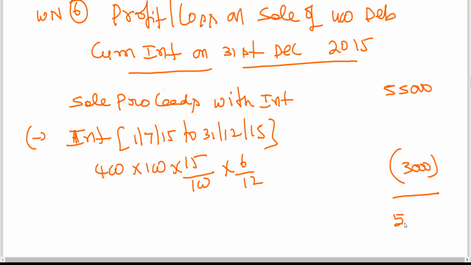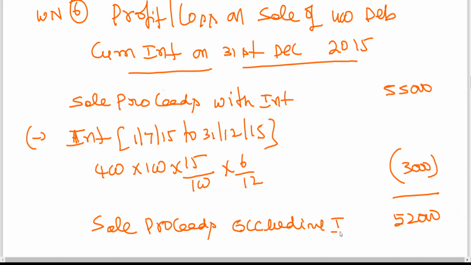Now 52,000 which you are having is sale proceeds. To find out profit, you can also make this statement, you can remember. Sale proceeds excluding interest. Always to find out profit or loss, I need sale proceeds excluding interest.